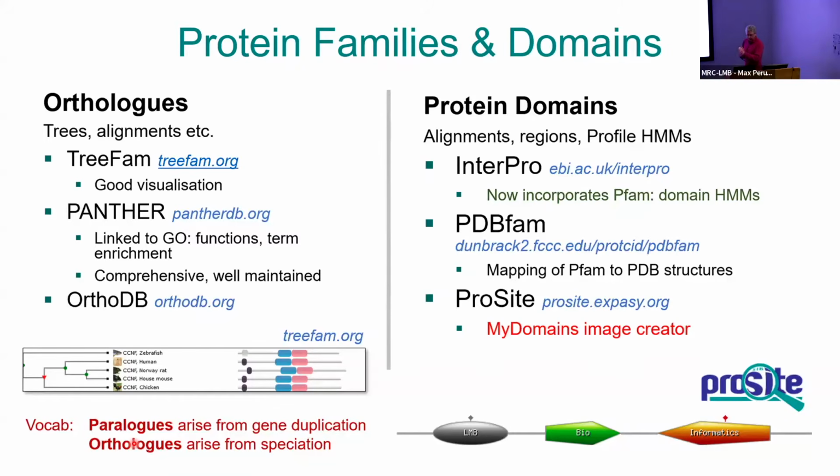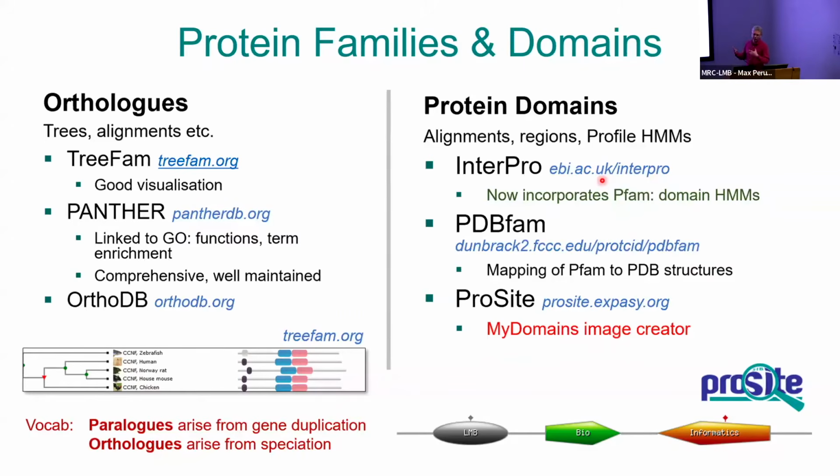Of course, proteins come in, at least in eukaryotes, as multi-domain globules, which are the units of folding and evolution. So we have a number of databases to do with those. One thing that's changed fairly recently is that Pfam has been absorbed into InterPro.